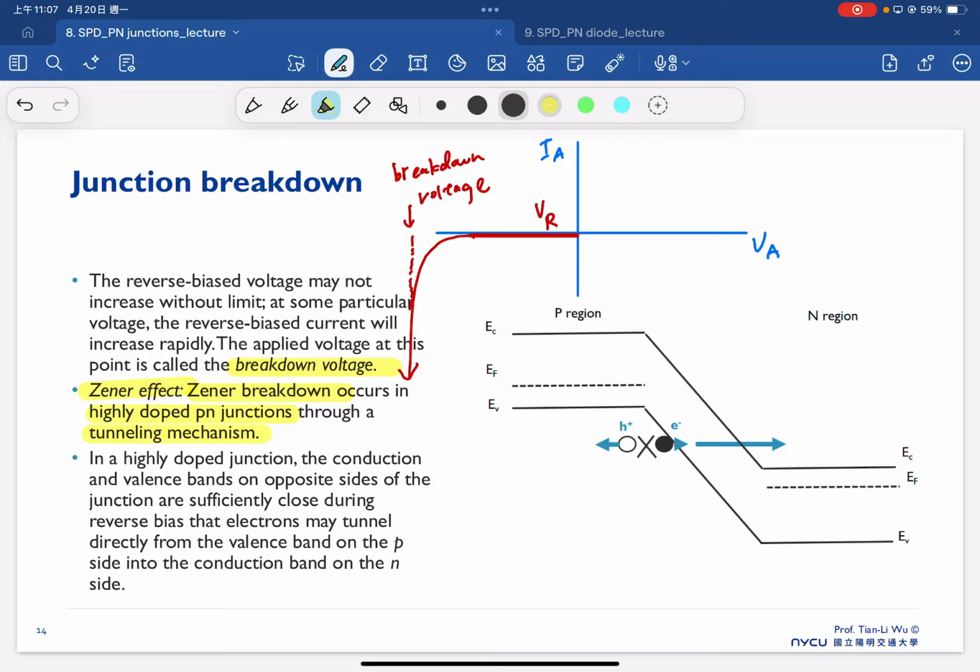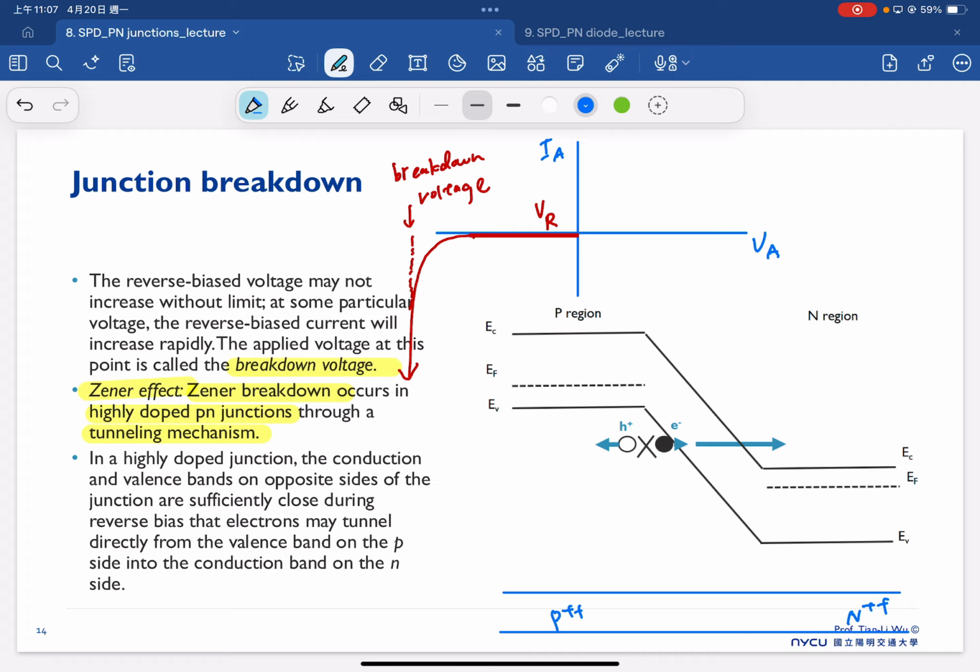Here is an example: we have a junction with P+ on the left-hand side and N+ on the right-hand side.